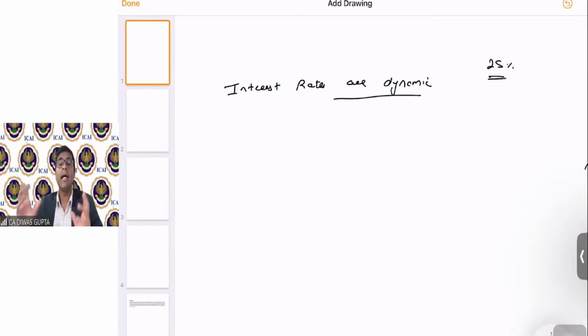So, in this entire topic, we are going to study some of the techniques by which the impact of the interest rate changes on the financials can be avoided to some extent. That is called interest rate risk management because we are trying to manage the interest rate risks.